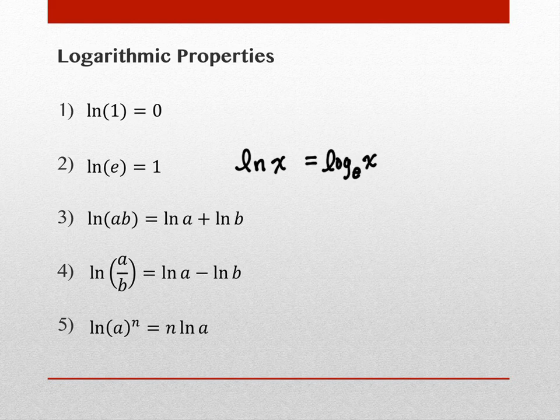Does that look familiar at all? It's just another notation, written as a subscript. It is a subscript. It's not that the x is an exponent on the e or something. That's not what's happening.